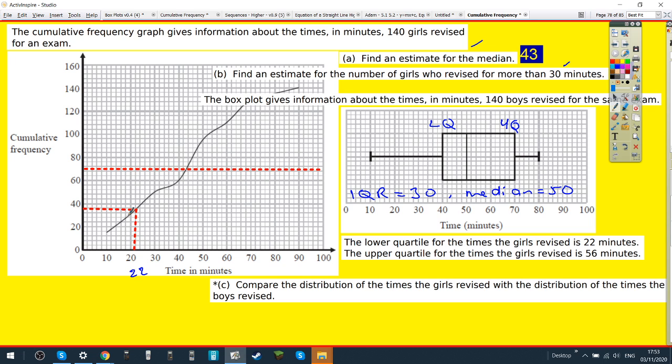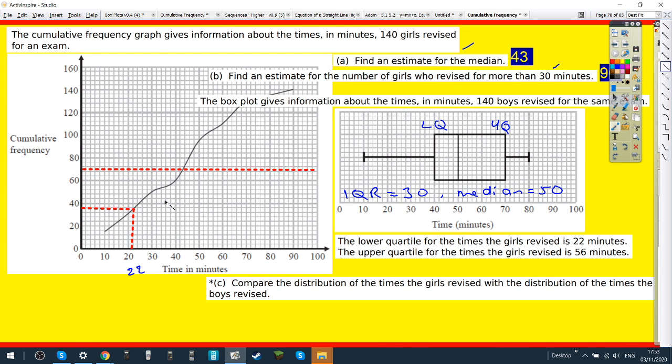It's kind of difficult for me to tell. Maybe it is 20. Yeah, it's 21. And then you times it by 3. So you do 35 times 3, and that is 105.